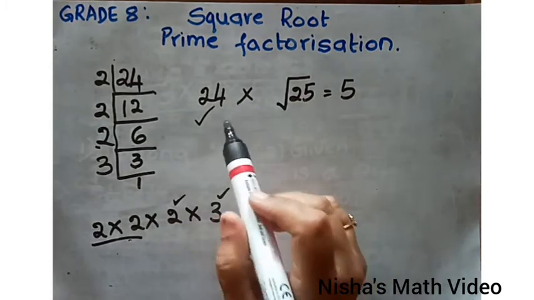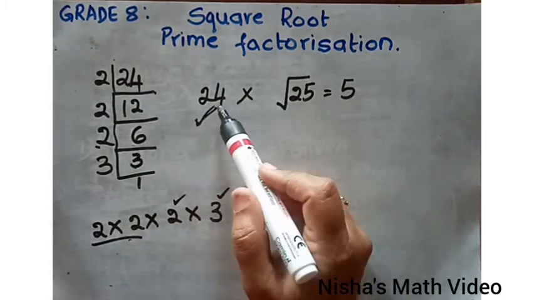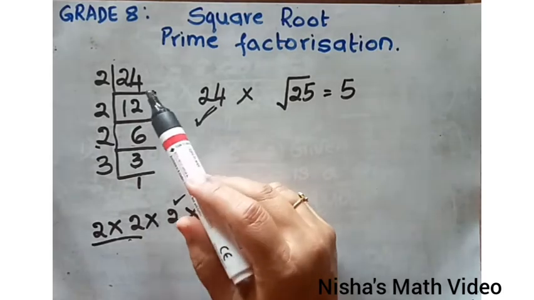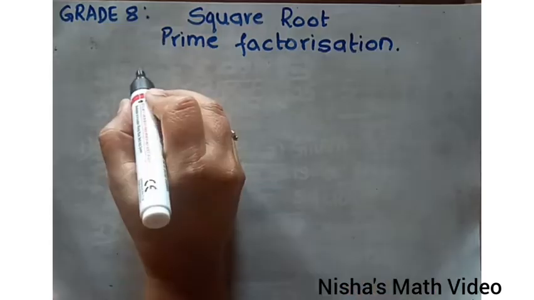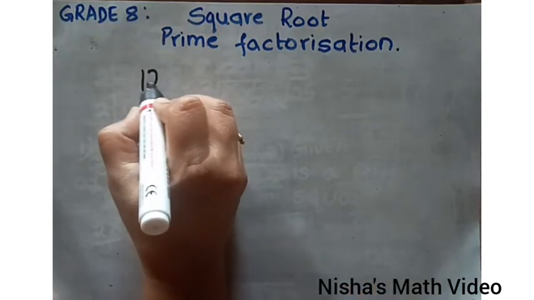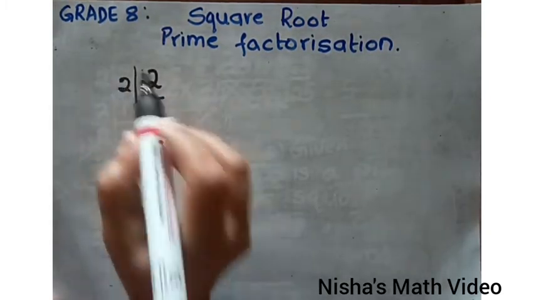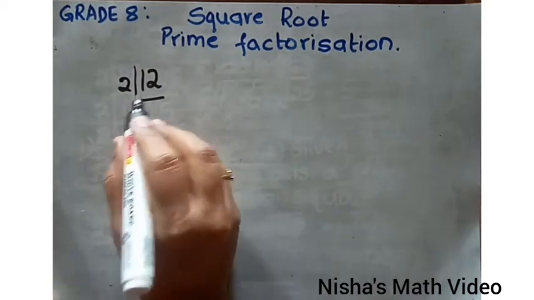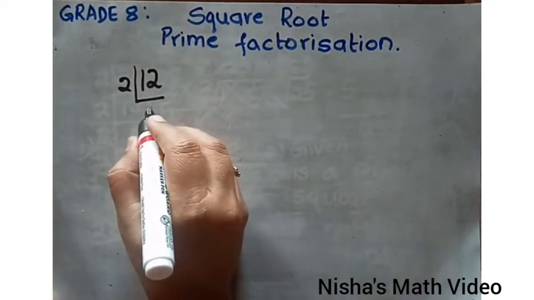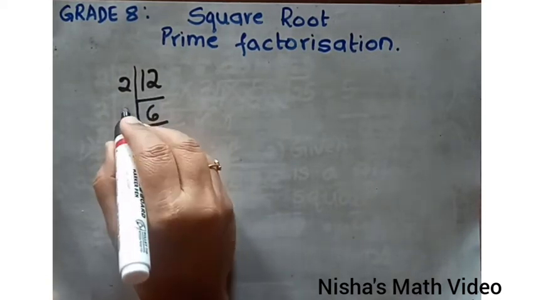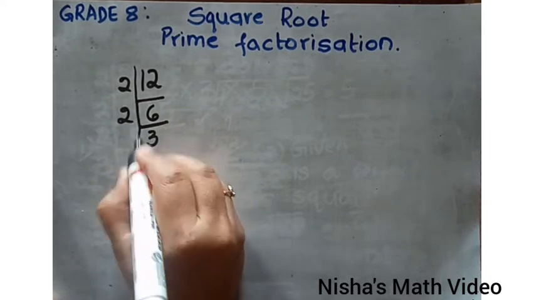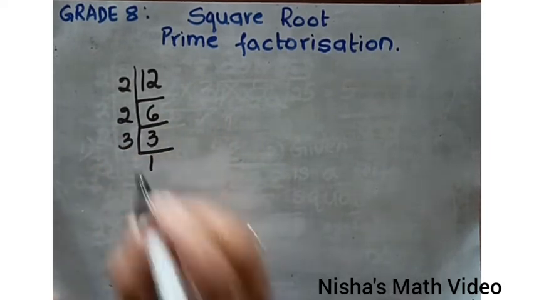What type of question will appear for exams when you have a number which is not a perfect square? Let's take a number, say 12. Is 12 a perfect square? No, isn't it? We'll see what type of question will come on such numbers. 2 sixes are 12, 2 threes are 6, 3 ones are 3.